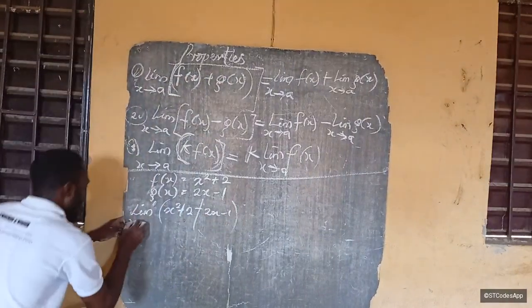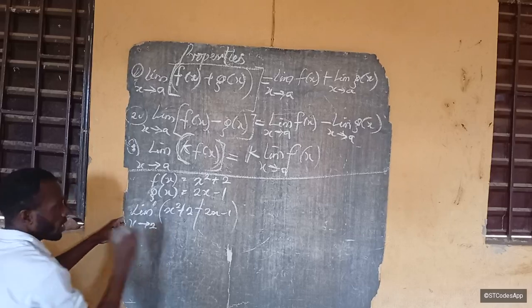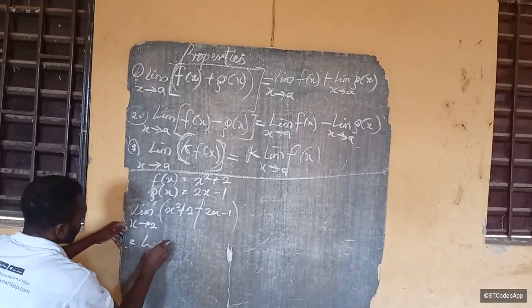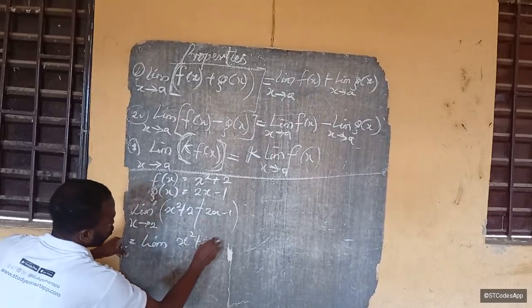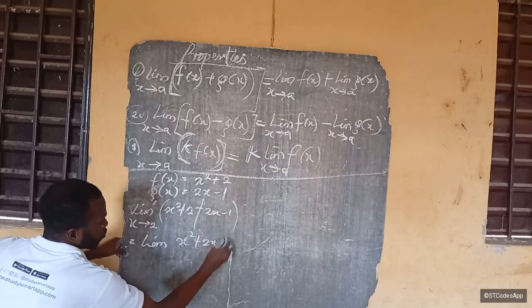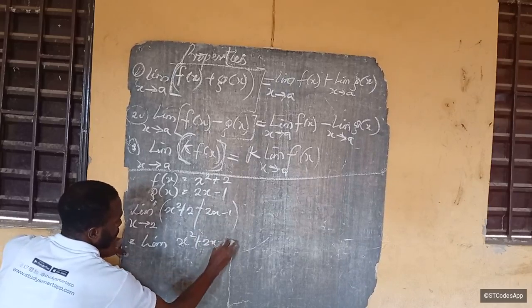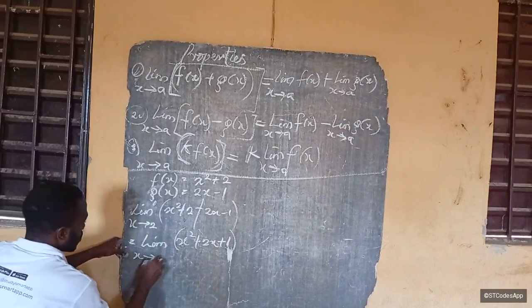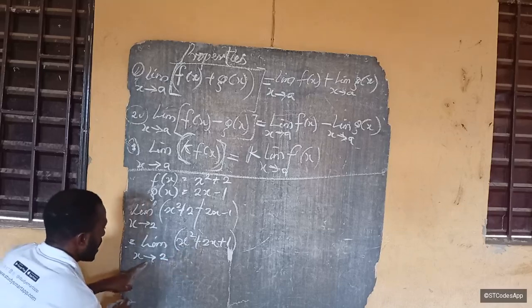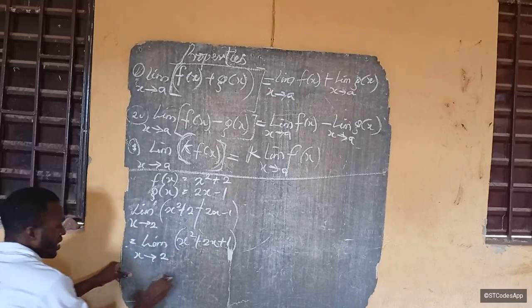As x approaches 2, let's see what that will become. The function is going to be x squared plus 2x, then 2 minus 1, that is plus 1. Now let's take the limit.